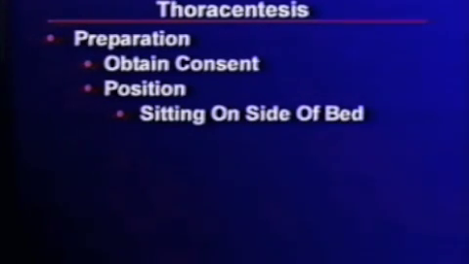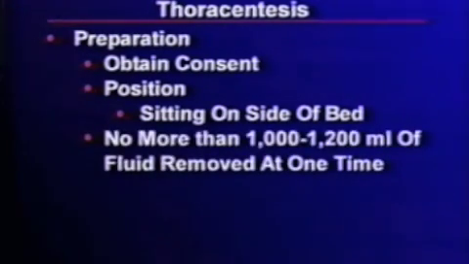It also will cause muscle spasm and pain to the patient. So the usual parameter is 1,000 to 1,200 milliliters of fluid at one time, no more than that. Now you may see physicians doing that. The rule of thumb, however, is 1,000 to 1,200 milliliters at a time.